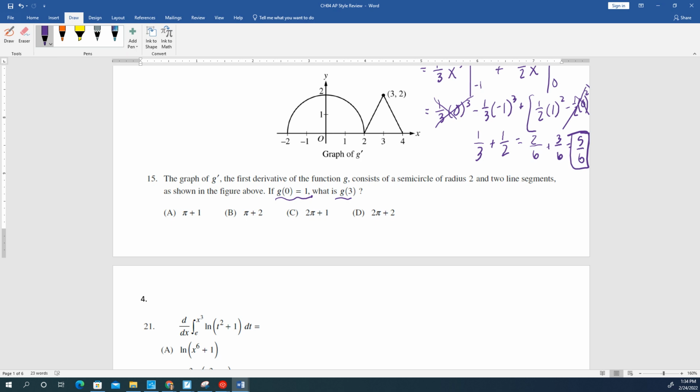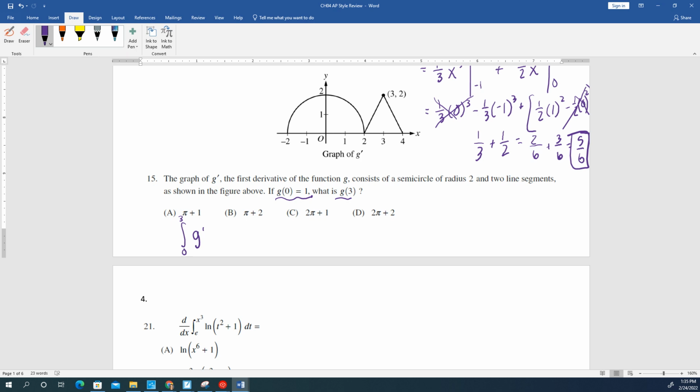Okay, since I'm given the graph of the derivative and I want to recover information about the function itself, I'm probably going to integrate. If I'm given information about the derivative and I want to recover the function itself, I'm thinking antiderivatives. So really what we're going to do here is find the integral from 0 to 3 of g prime.